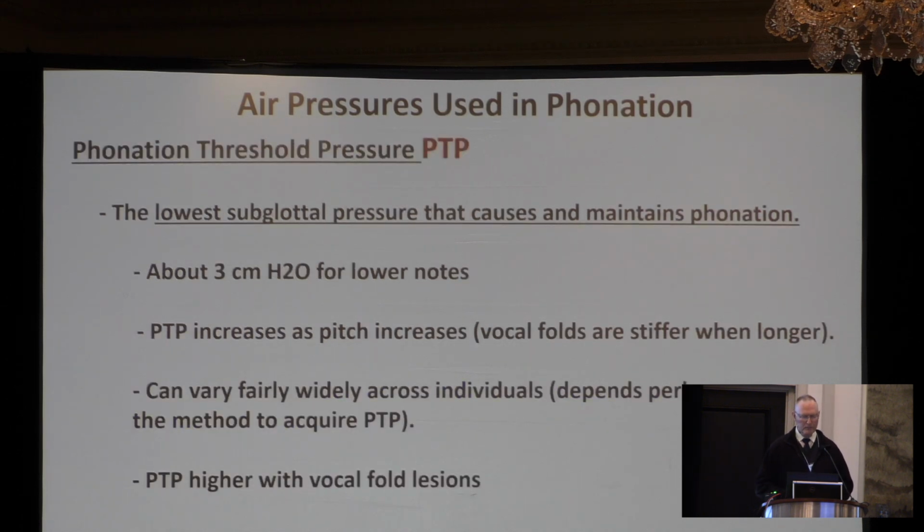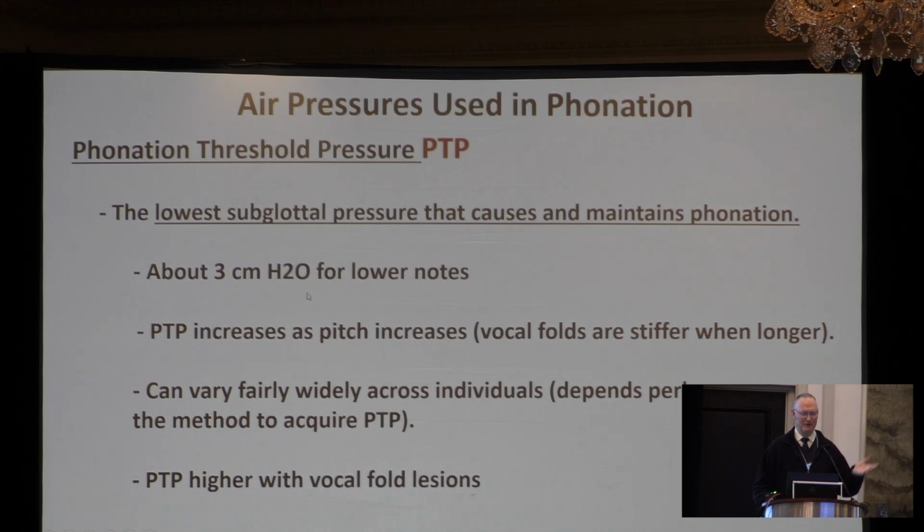One aspect that is clinically important in many other ways is phonatory threshold pressure, PTP. It's the lowest subglottal pressure or transglottal pressure that causes and maintains phonation. It's about 3 centimeters of water. That's what's funny. 3 centimeters of what?